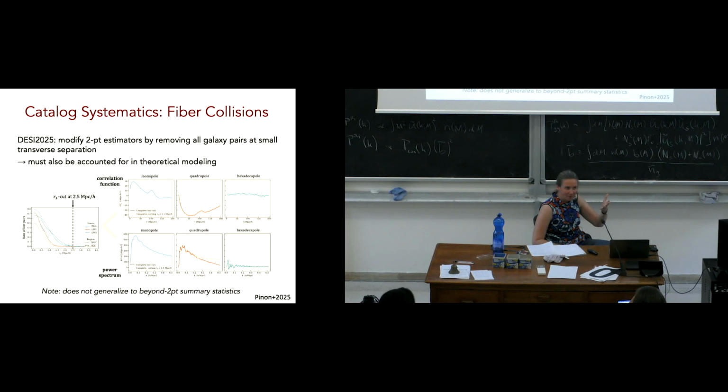Because at that point, of course, we also have to think about how the different galaxy samples are interconnected and the priorities. So in that sense, you will really have to think about how ELGs, for example, are affected by quasars or LRGs falling into the radius.